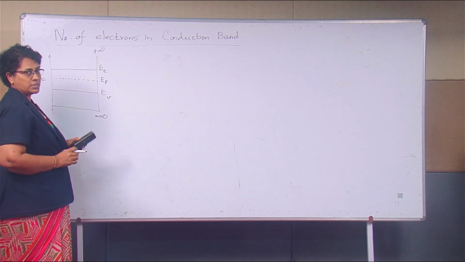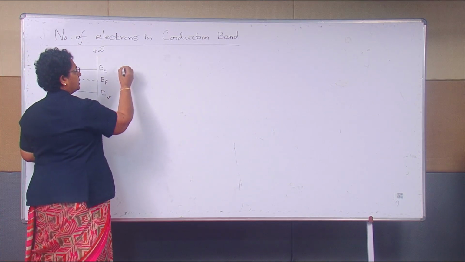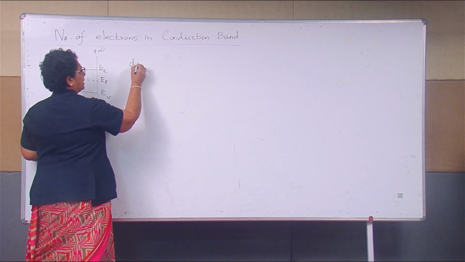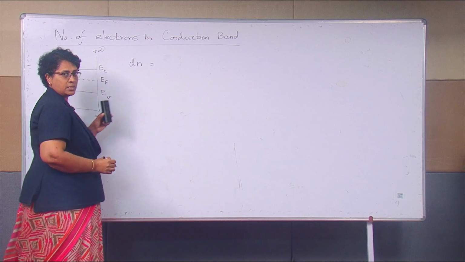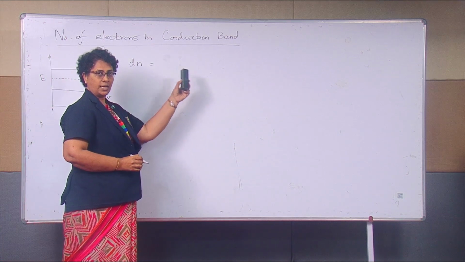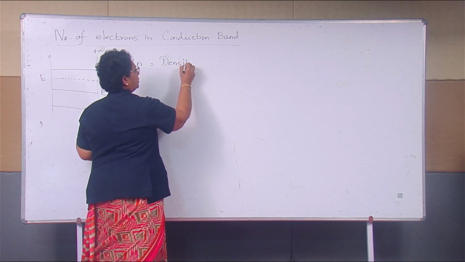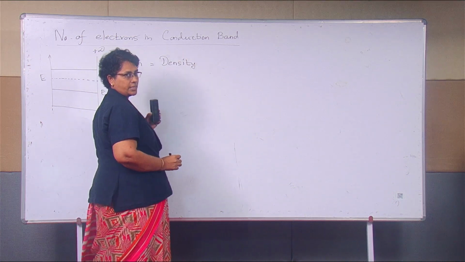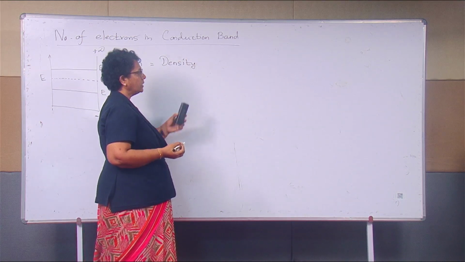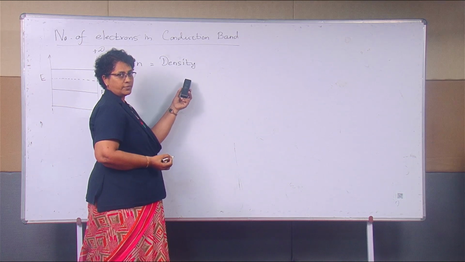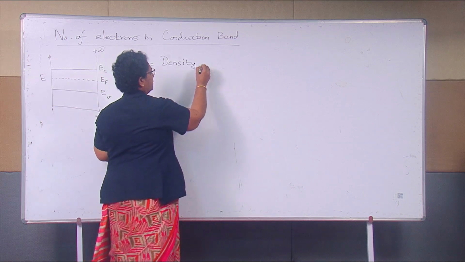The number of electrons in conduction band will be the starting one. We know that dN can be written as the combination of density of states and Fermi distribution function. If you want to find the number of electrons in conduction band or holes in valence band, then you have to take the product of the density of states and the Fermi distribution function.